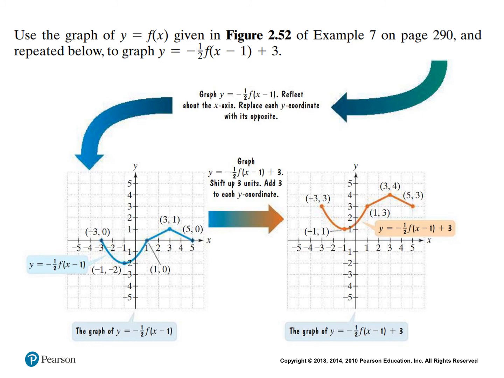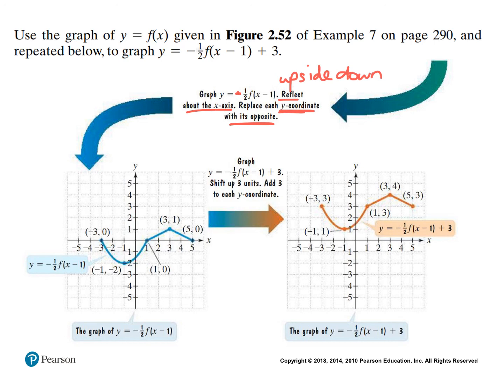From the green graph, now I had to look at my negative out front, and that causes me to reflect it or go upside down. So you turn the y coordinate into its opposite. On the last slide, the y coordinates were opposite.